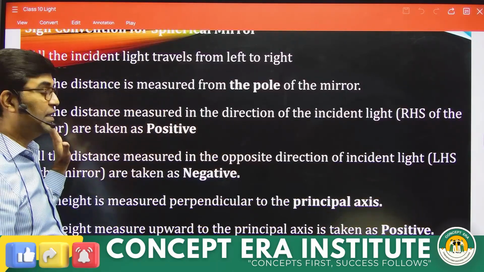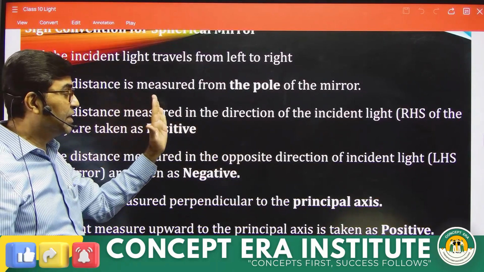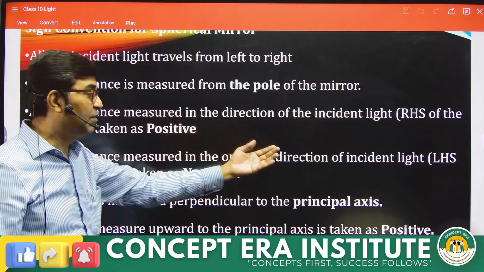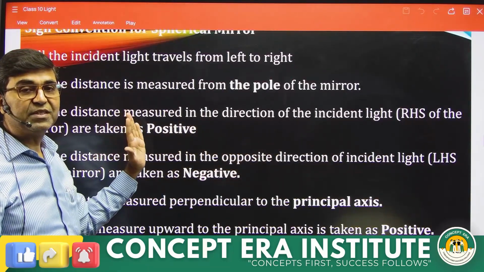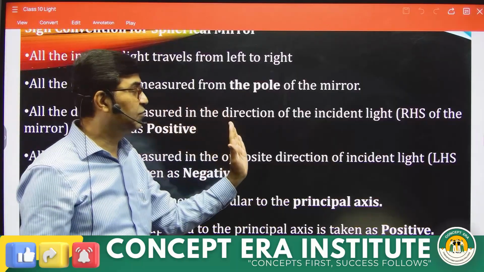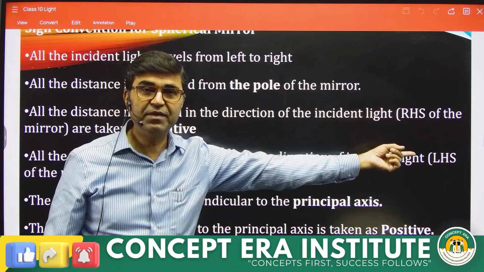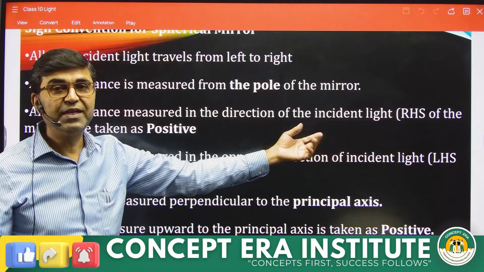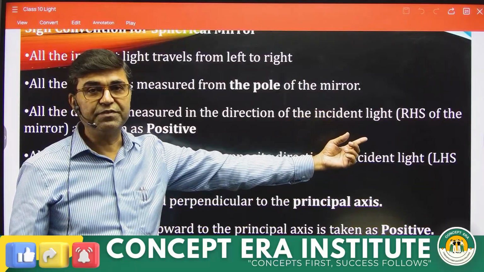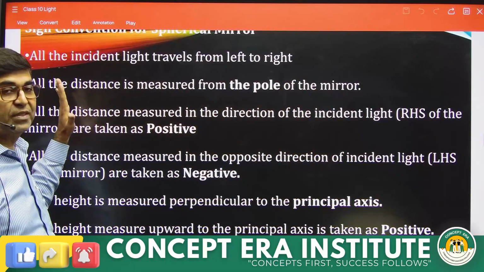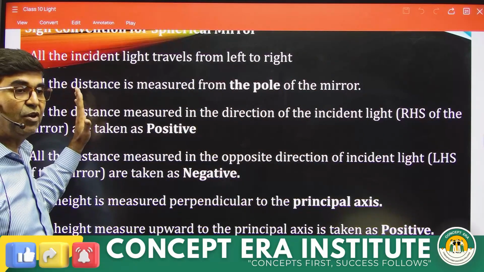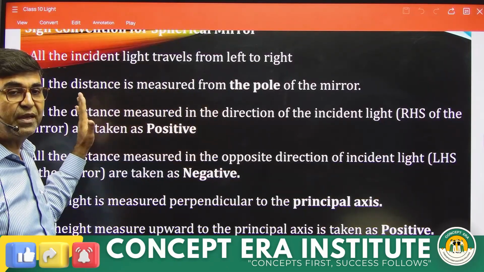That's why if the image is real, it will be formed on the left side, and the image distance will be negative. And if the image is formed on the right side behind the mirror, as in the case of a virtual image, that image distance will be positive. But the object is always kept on the left side. Therefore, the object distance will always be negative.